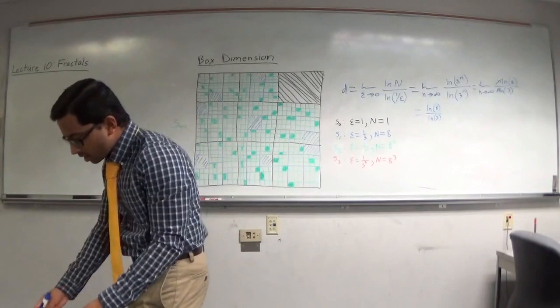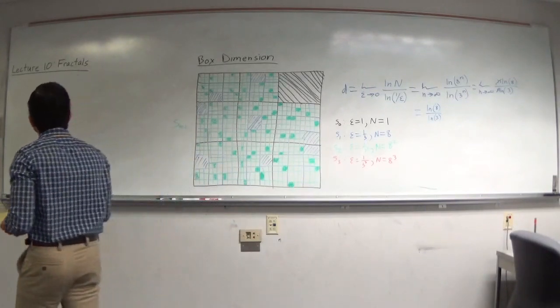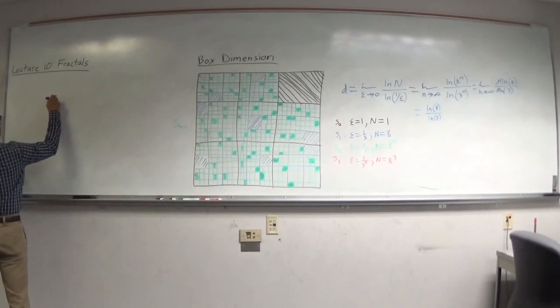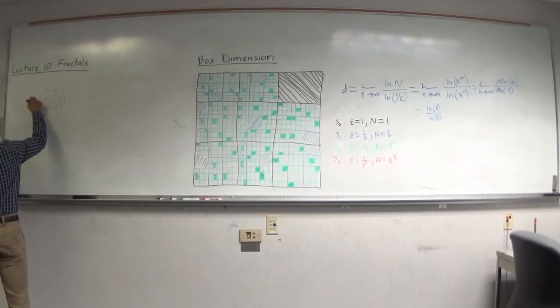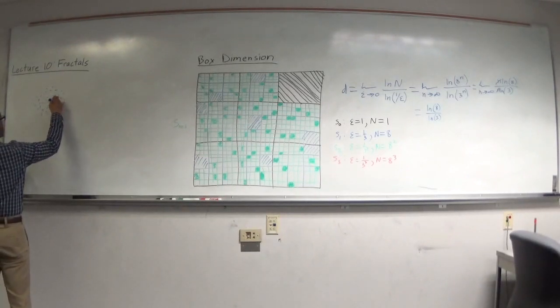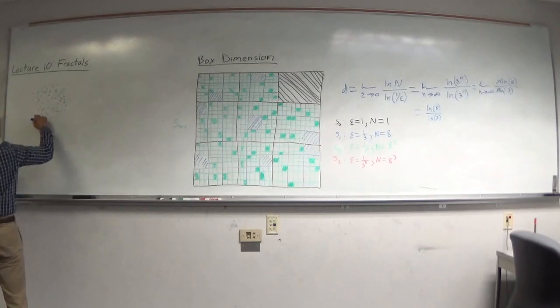So let's think of something like this. Let's think of a phase space with some iterates, and let's say they look like this.